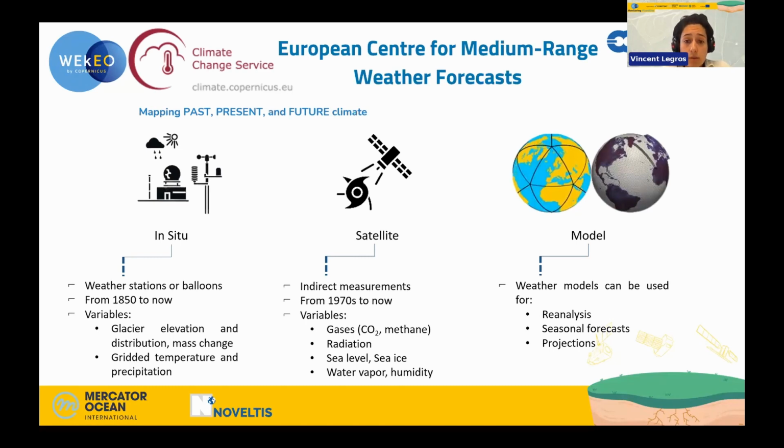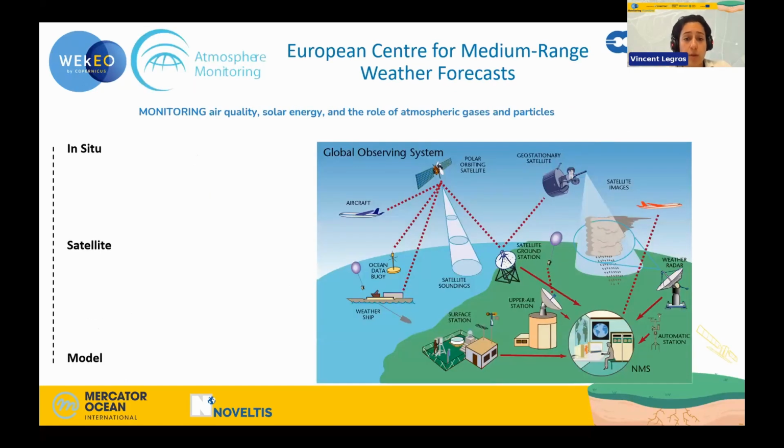It also provides in situ data, satellite and models, and they range across different temporal and geographical coverage. Here you have just a few examples of the variables you can find from each type of data. These direct observations are also used to produce reanalysis, forecasts, and even very long-term projections, normally many years in the future.